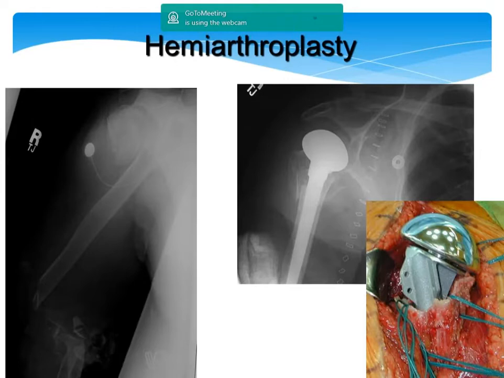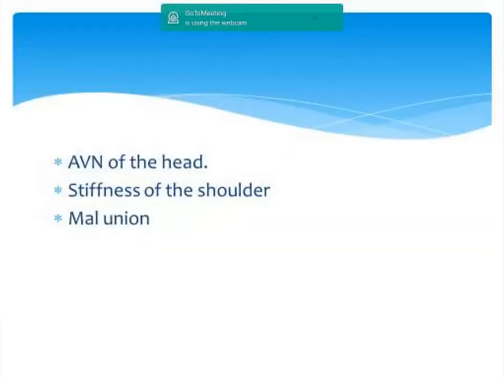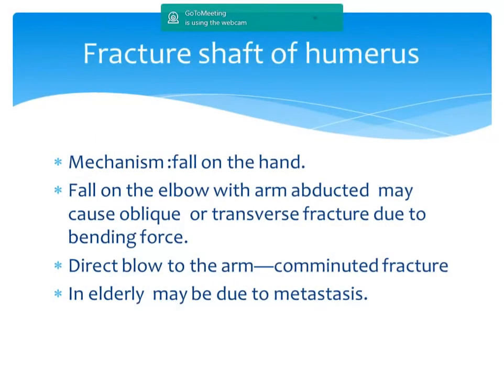So this is the Neer's prosthesis. So other complications include avascular necrosis of the head of the humerus, stiffness of the shoulder, and malunion. Especially malunion is quite common, being a cancellous bone. That is the one.